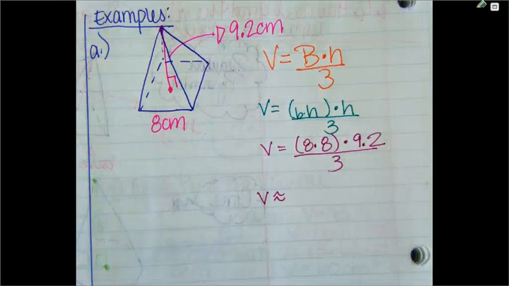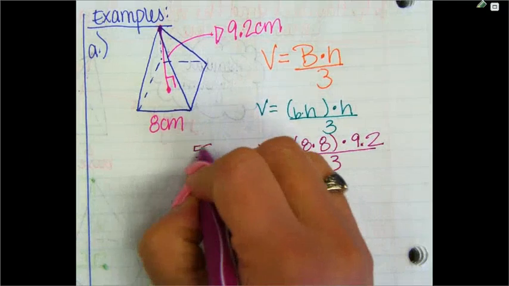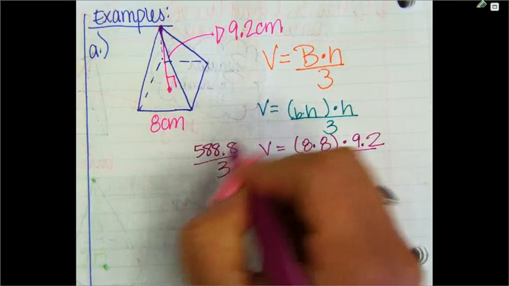And give me an approximation. What did you get? How much? Over 3? Oh, okay. 588.8 over 3? Okay.